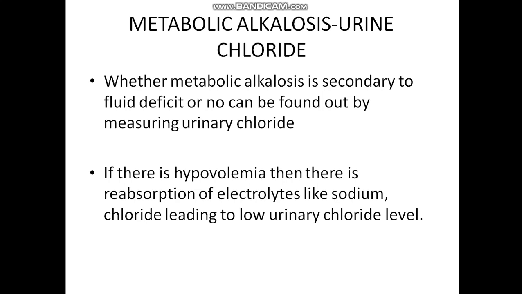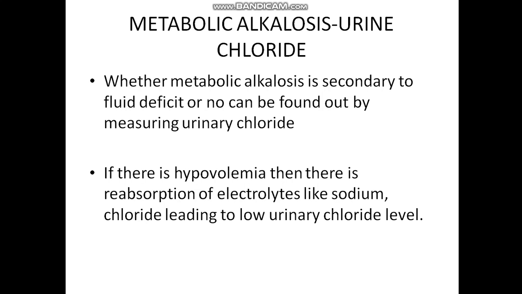Coming to the use of calculating urinary chloride in cases of metabolic alkalosis. Suppose we want to know whether the metabolic alkalosis is fluid responsive or not. How do we come to know? If we calculate the urinary chloride and it is low, then the metabolic alkalosis is fluid responsive. Suppose the patient has a lot of vomiting; there will be loss of H plus, so that will lead to alkalosis.